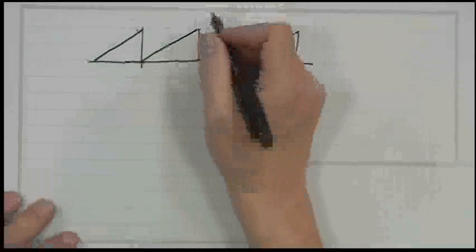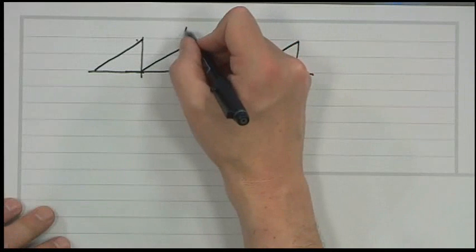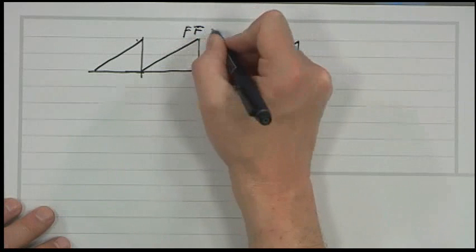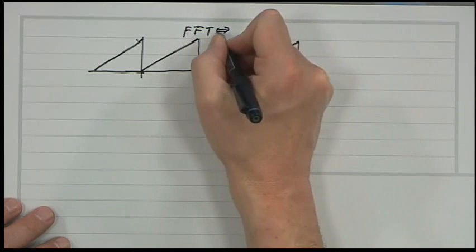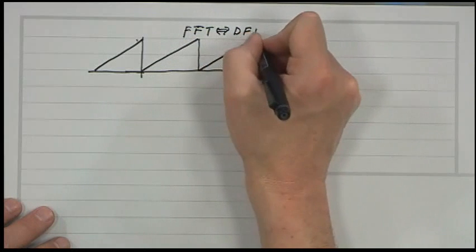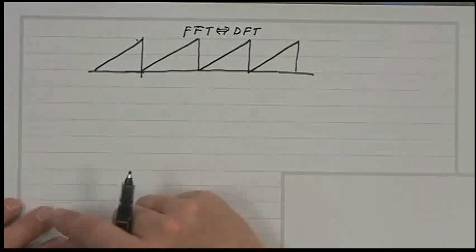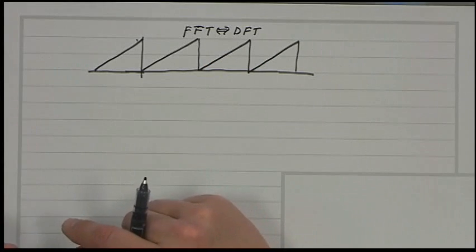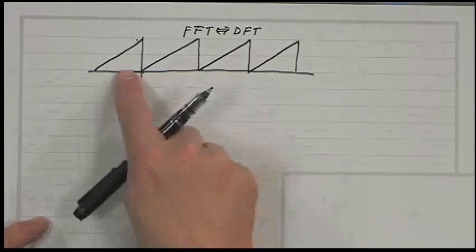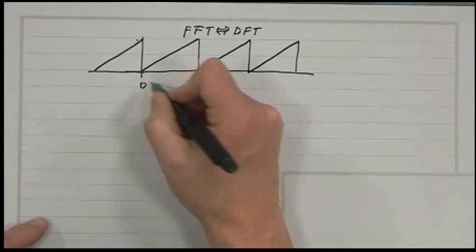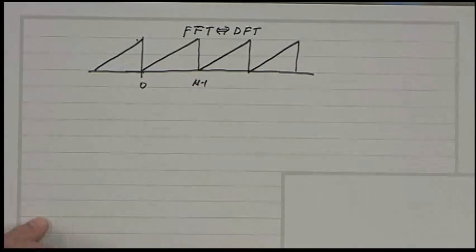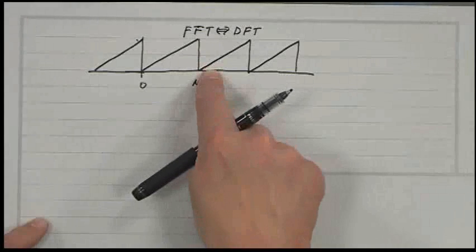If you're doing an FFT, which is exactly the same as a DFT, an FFT is just a DFT that's implemented with a fast algorithm. So if you do a DFT, it looks like this is the signal, 0 to n minus 1, but it looks like the signal has edges in it.